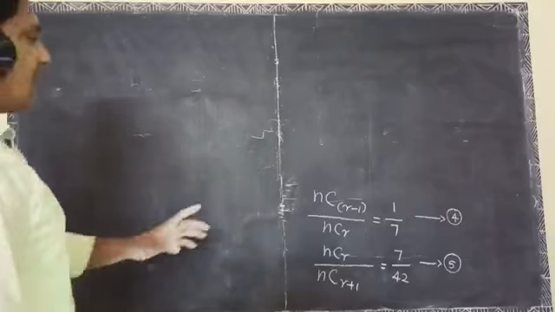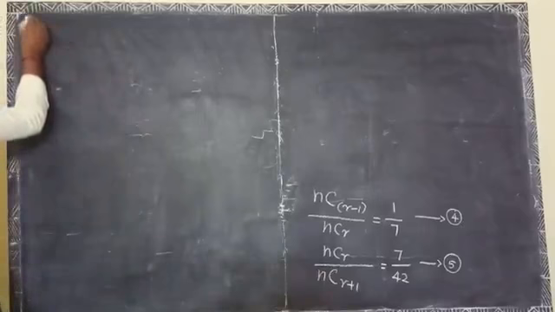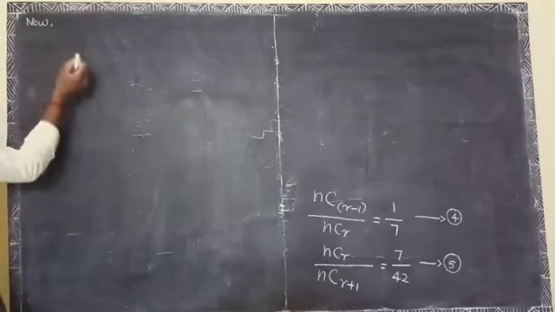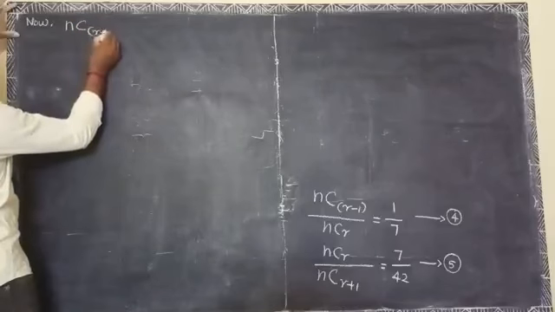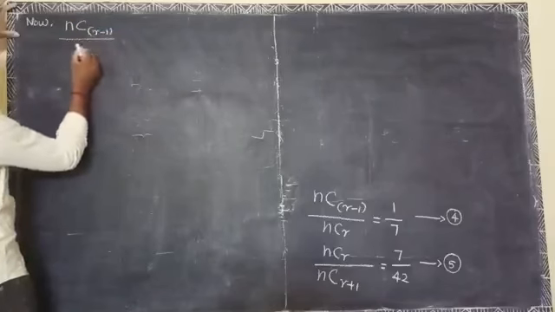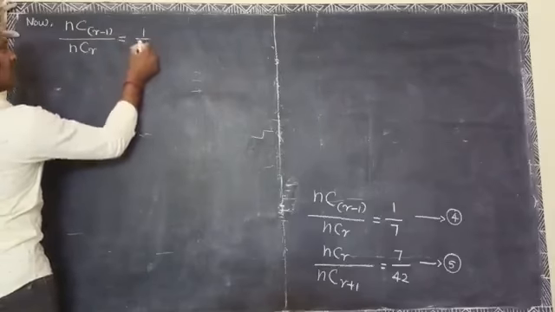Now we take equation 4, that is nC(r minus 1) divided by nCr, which is equal to 1 divided by 7.